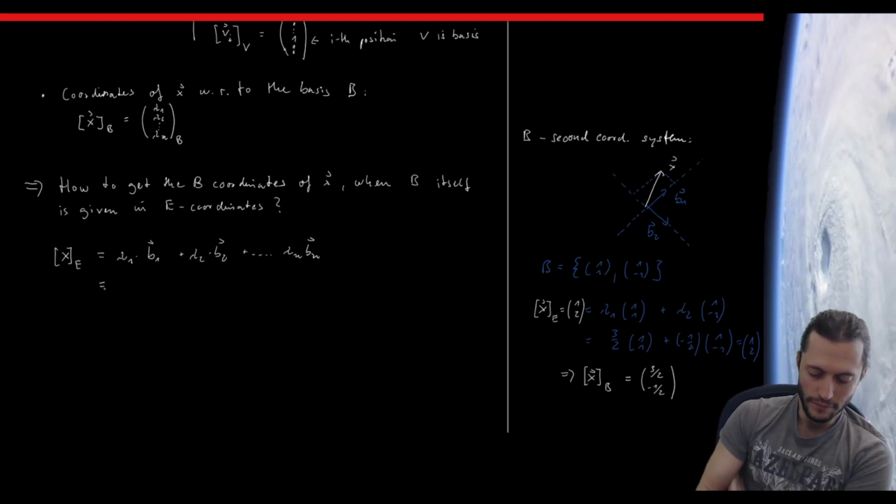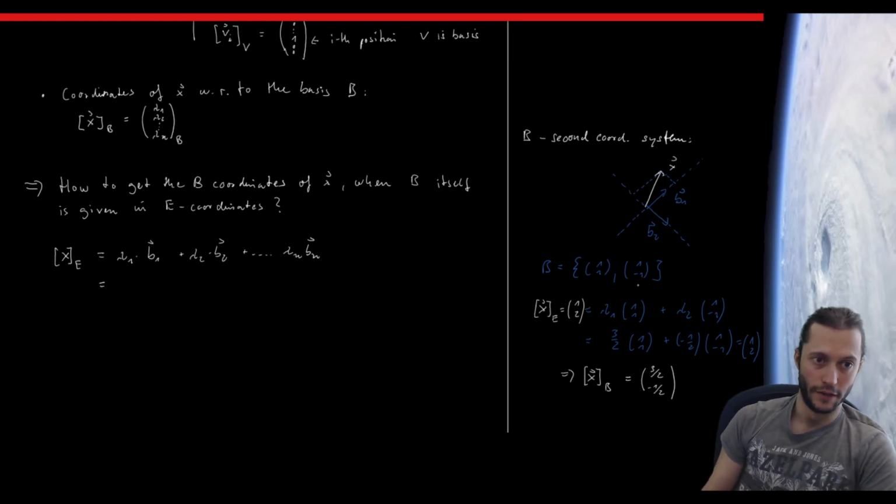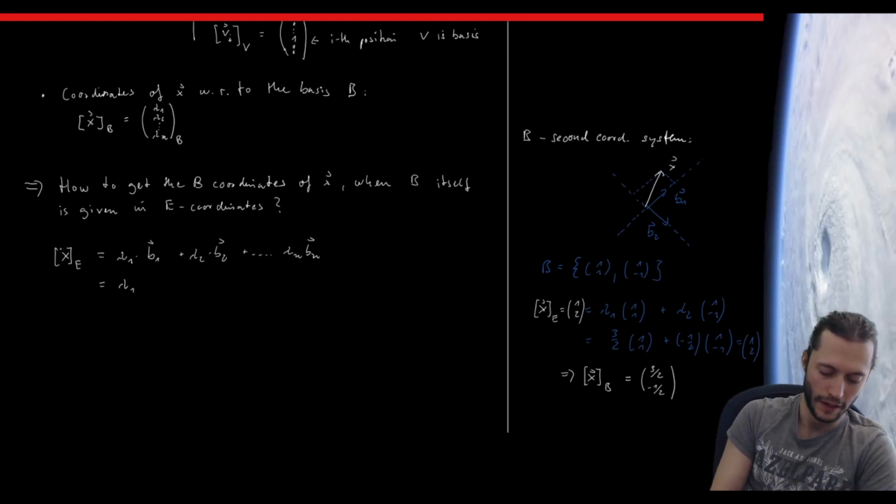Really, the vectors b we defined over here were with regular coordinates just like this x. So to be really precise, we should write b1 with the index referring to the basis it refers to.